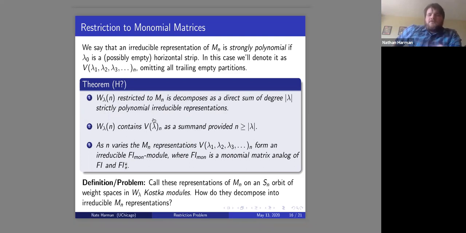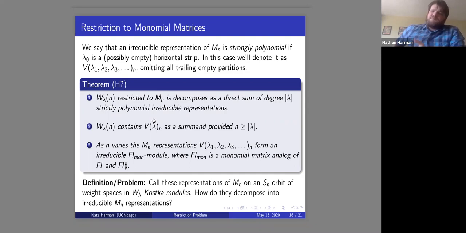So these are really kind of the same as FI sub C star modules, but with an additional polynomial condition. So it's not really anything new. I like to think of the monomial matrices as including ones of lower rank to make the FI sharp analog more clear.